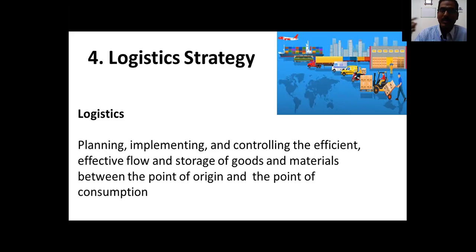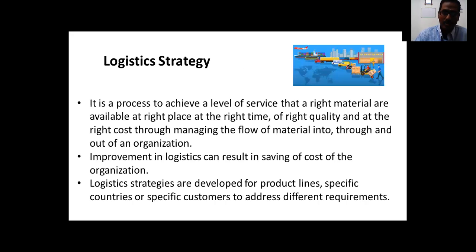The second is which one is more professional and more efficient, given the resources available with the business. So two points need to be noted: one is cost effectiveness, the second is the quality of the logistics. Depending upon the business, we need to plan whether we are going to do it ourselves, outsource it, or partially do it ourselves and partially outsource.